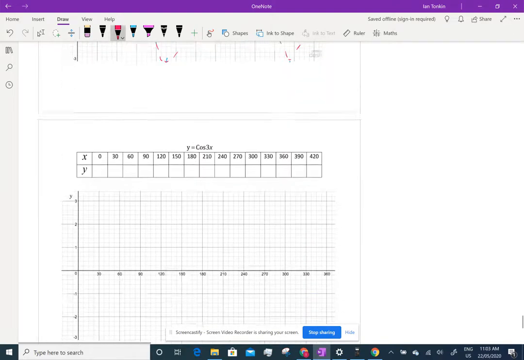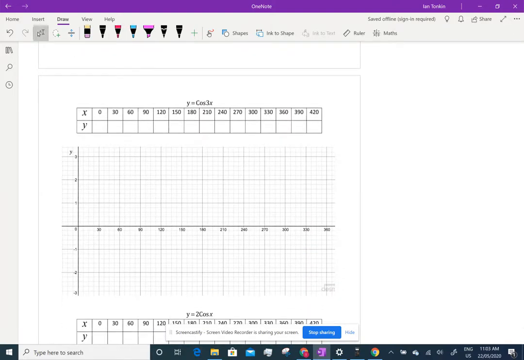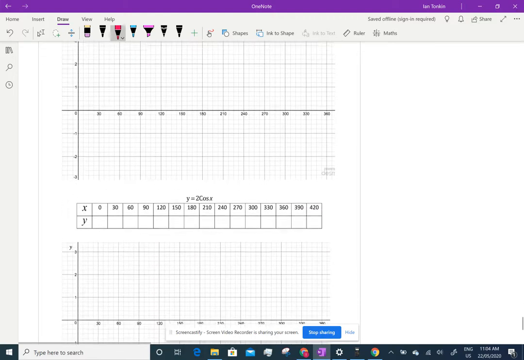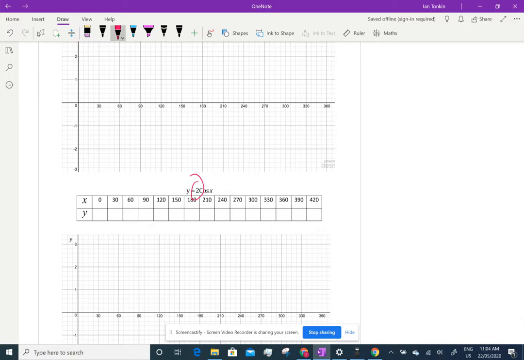Now, cos 3x. Well, we already know what this does. We already know that squashes it. All right? So we're going to get not 2 curves, but 3 curves in. And we know what this is going to do.